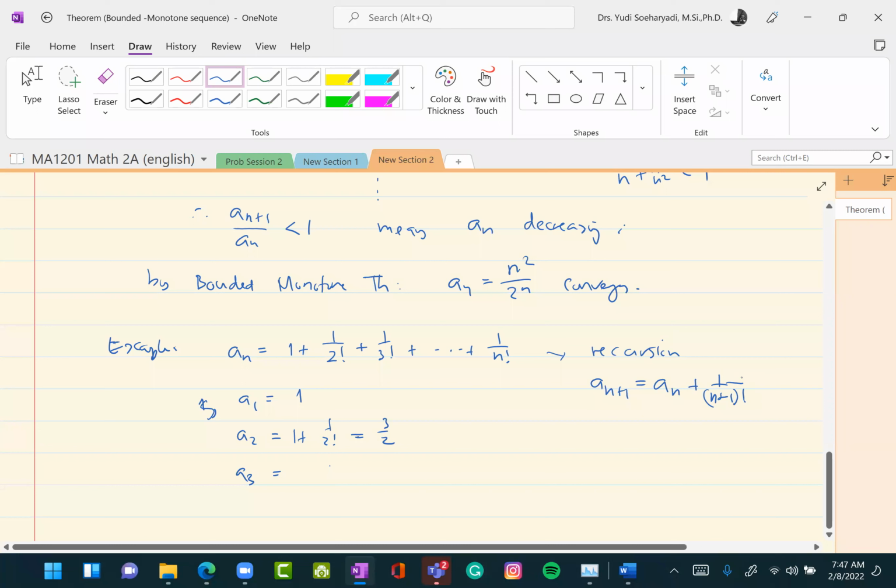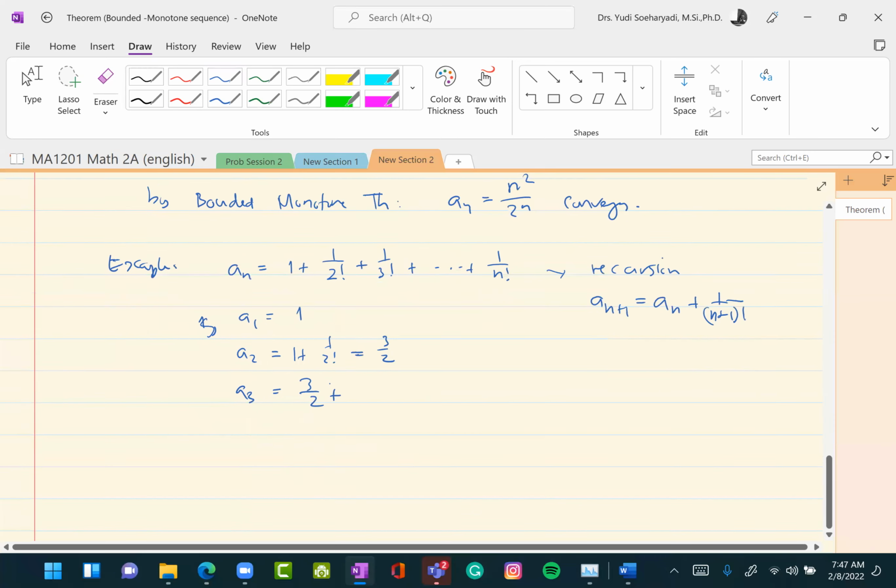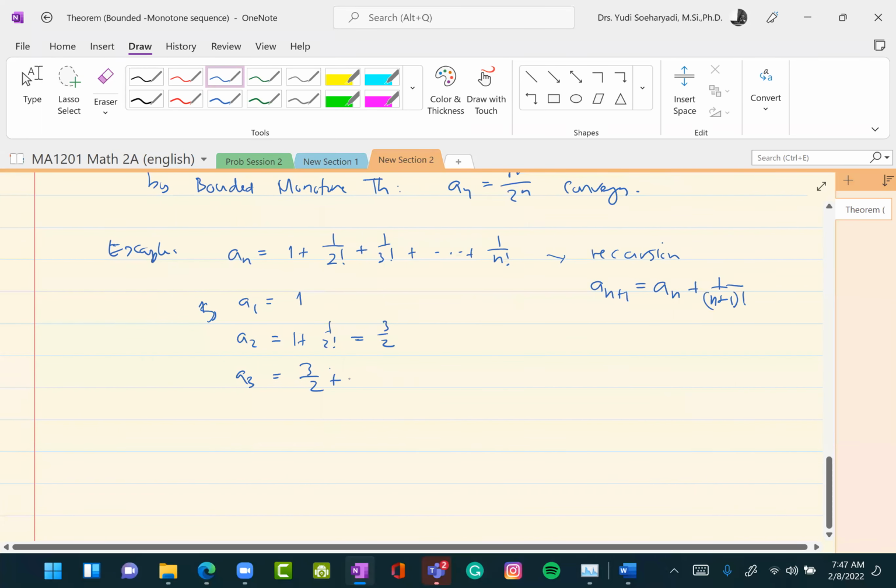So that's why it is this plus 1 over 3 factorial. A1, A2 is correct, right? Plus 3 factorial. 3 factorial is 6.